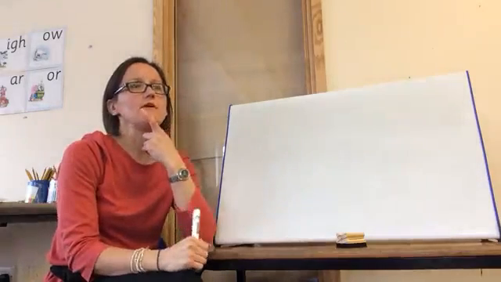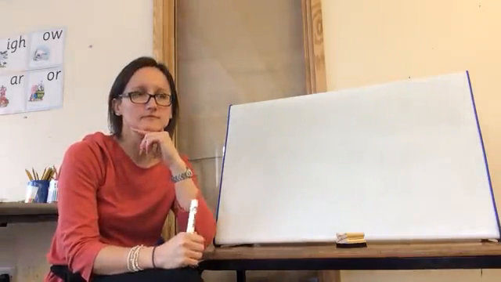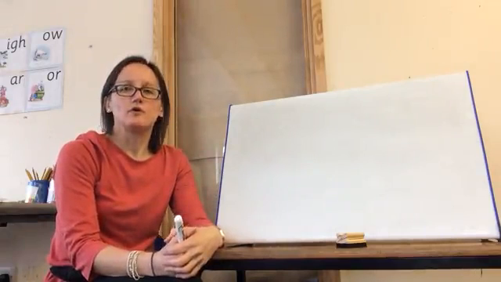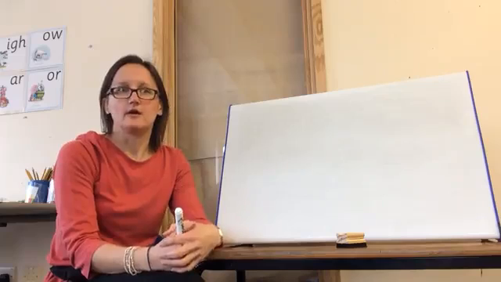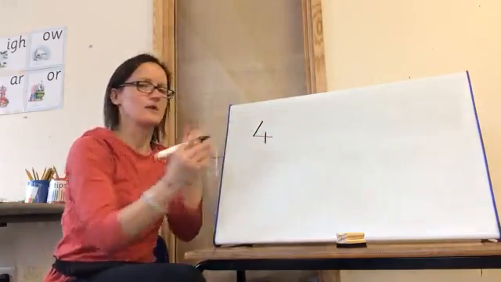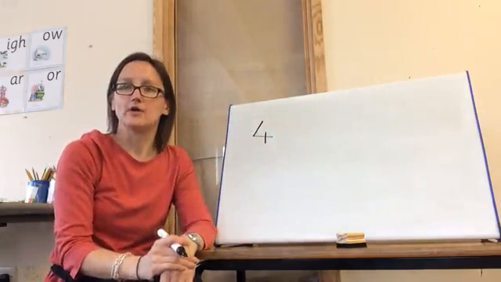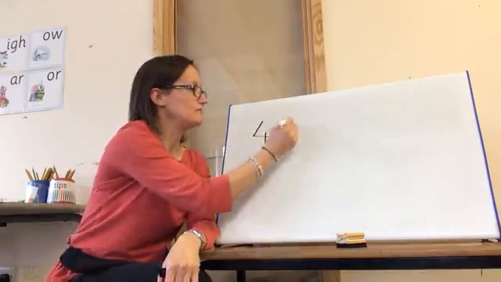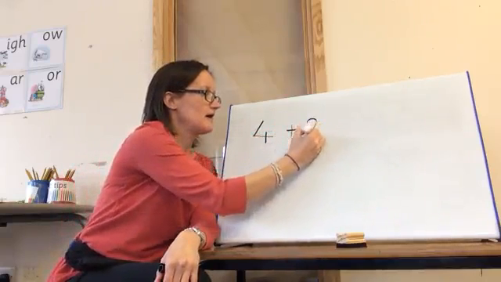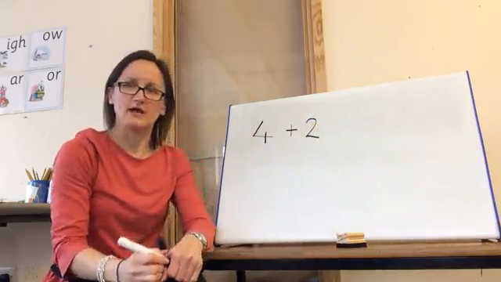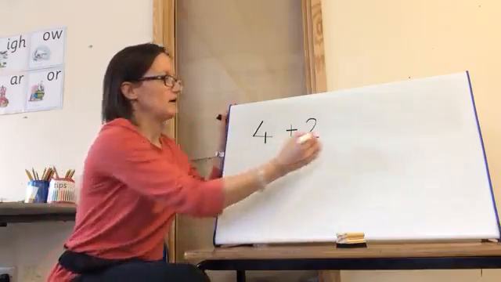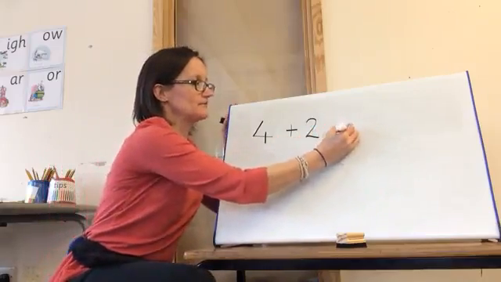So if I had the problem, there were 4 cars in a car park, and along came 2 more. So there were 4 cars in the car park, and then 2 more came along. How many cars were in the car park altogether?